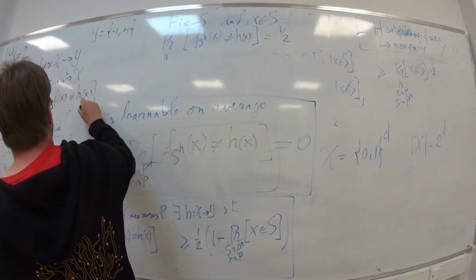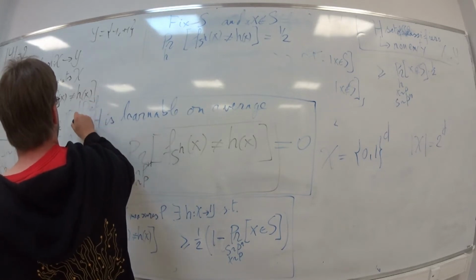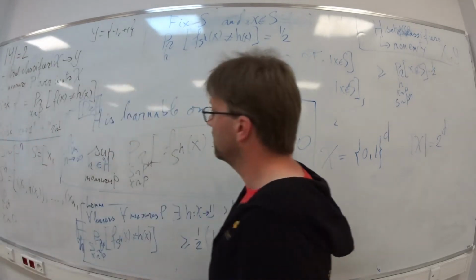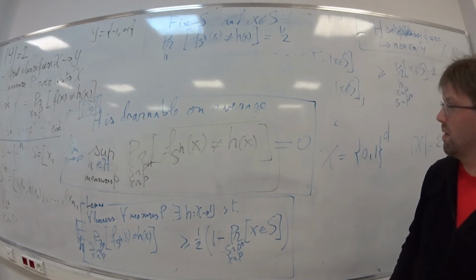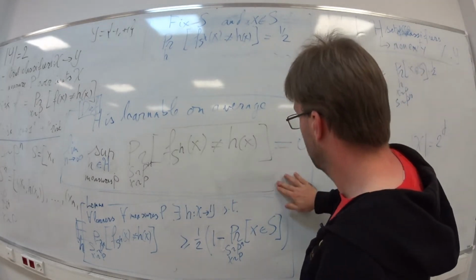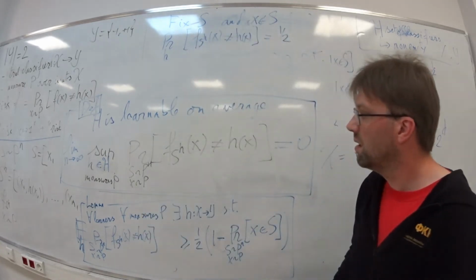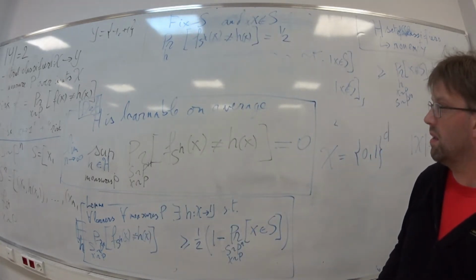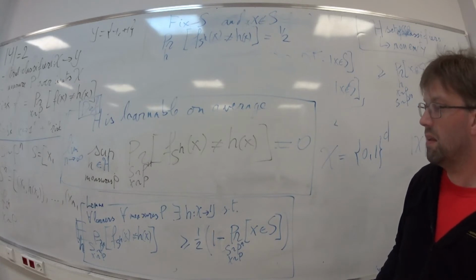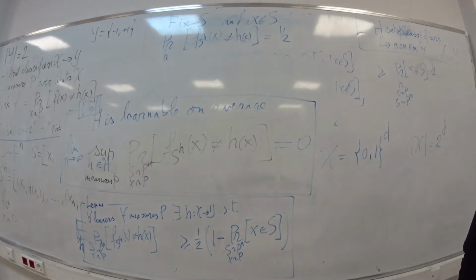So that's the definition. Now the question is, which sets are learnable on average?